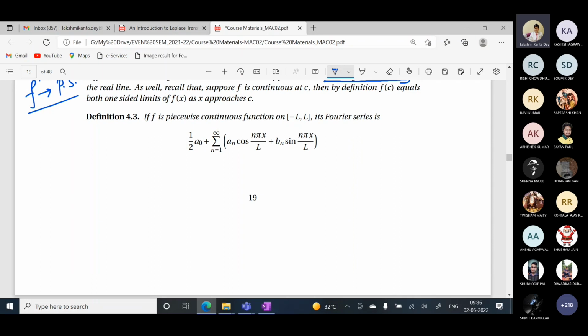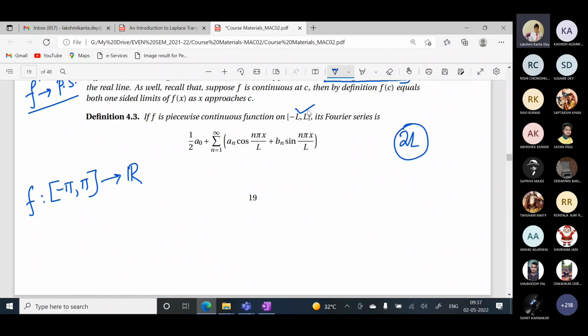Now I move forward to another thing. Suppose f is a piecewise continuous function. Initially I assumed that the function is defined on minus pi to pi, but it may be defined on an arbitrary interval minus L to L. There is no issue. The period of the function is twice L, the length of the domain.